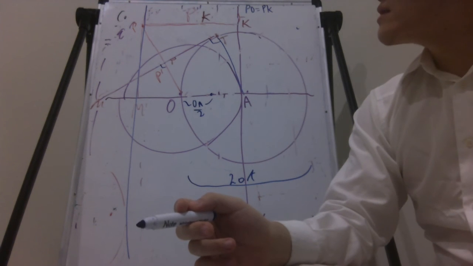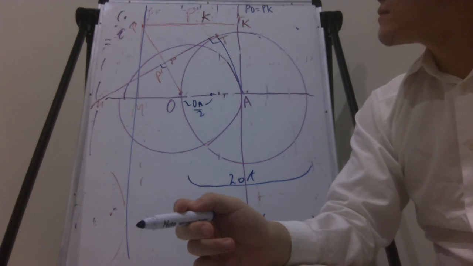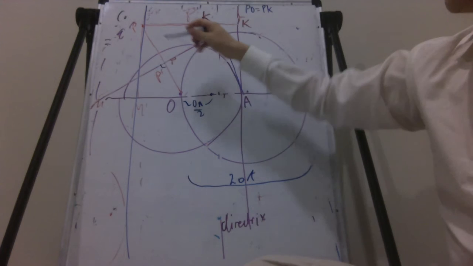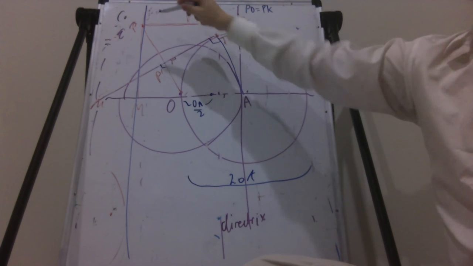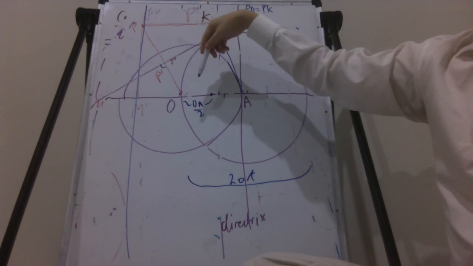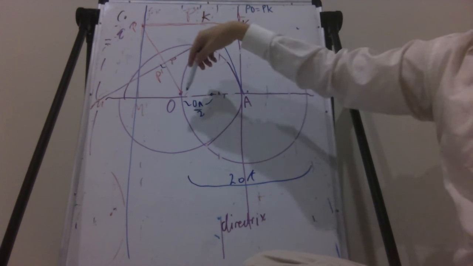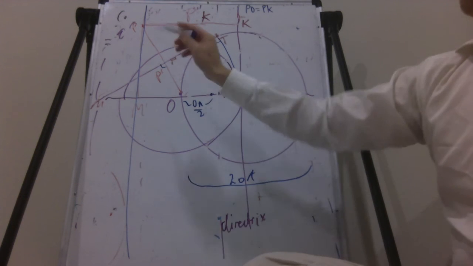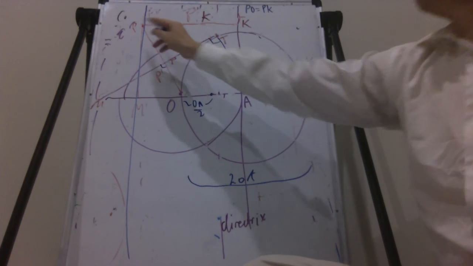Wherever this point inverts to, it satisfies PK equals OP. It's equidistant from directrix and focus, because that was the converse of what we were trying to prove. So no matter where this goes, it will be equidistant.